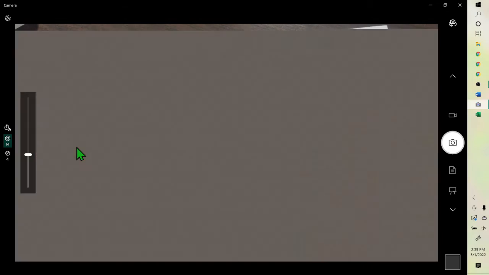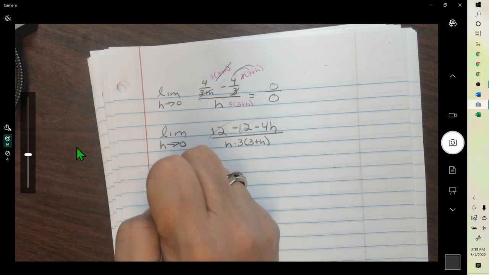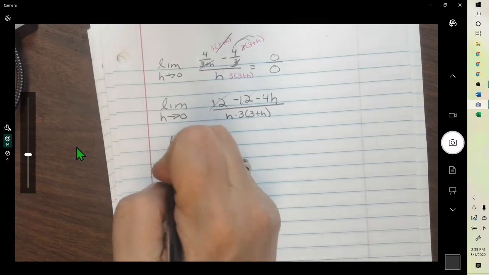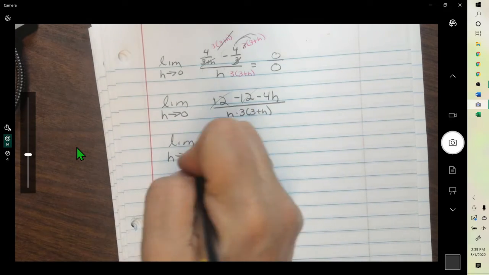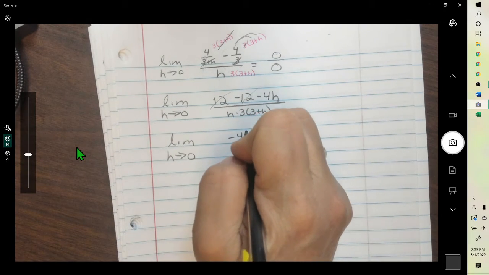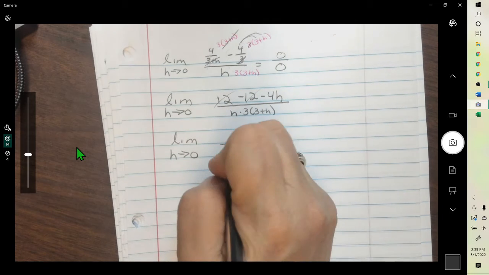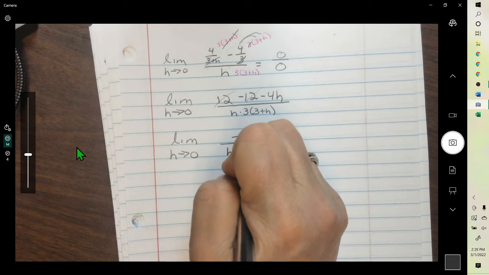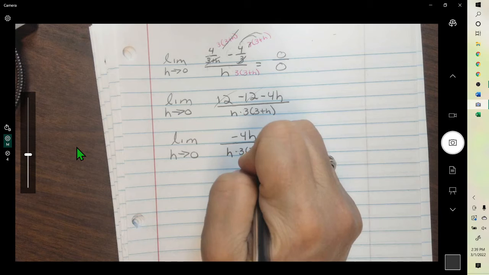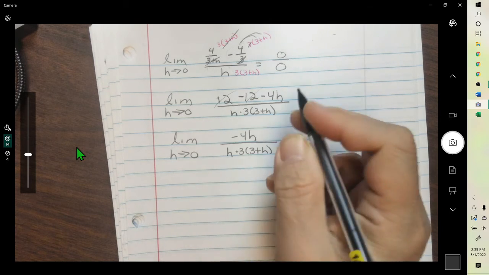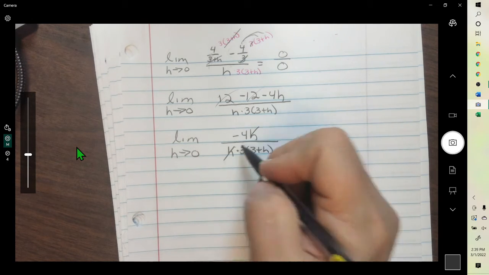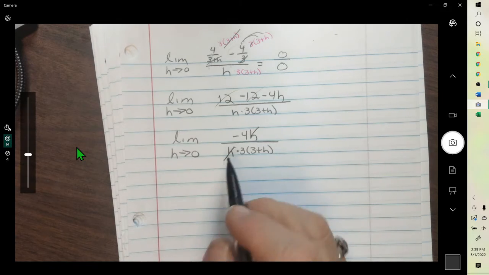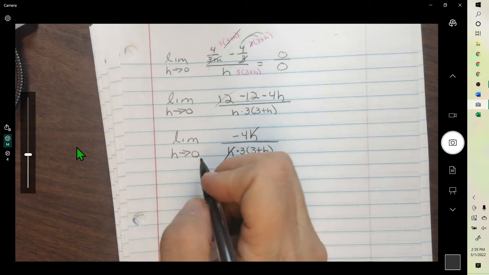And so the 12's cancel. It leaves negative 4h over h times 3 plus h. Now the h's can cancel because there's one term on top and one on the bottom.